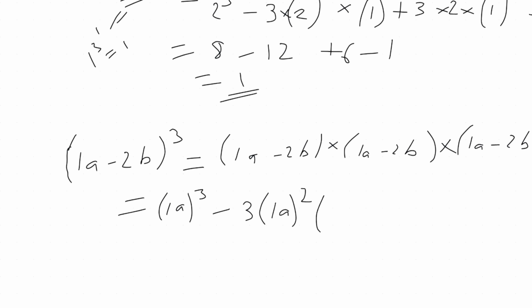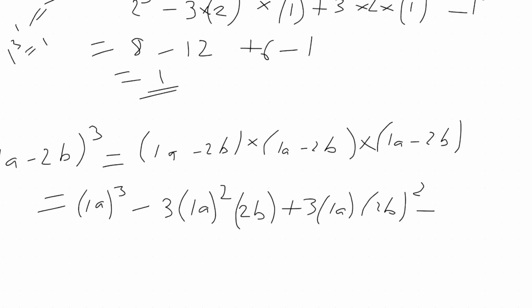Next, you take plus 3, multiply it with the first term, then multiply it with the square of the second term. And since it's a minus b whole cube formula, at the last it would come minus and the cube of the last term.